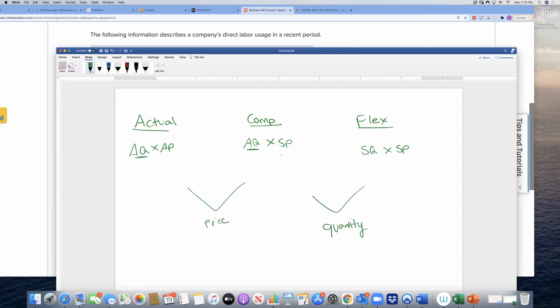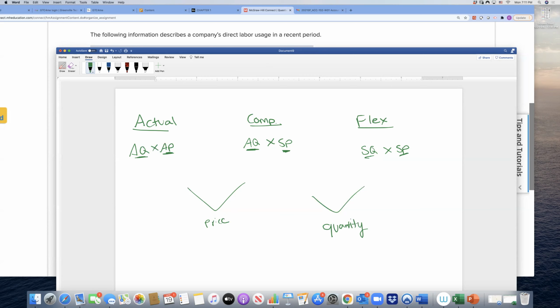So if these numbers are different, it's because this uses actual price, this uses standard price. So that's the price variance. Over here, we have the quantity variance, because if these two columns are different, it's nothing to do with the price used. Each used the same price. It's because they used different quantities, actual quantity, standard quantity. So same exact setup as what we just did for materials.